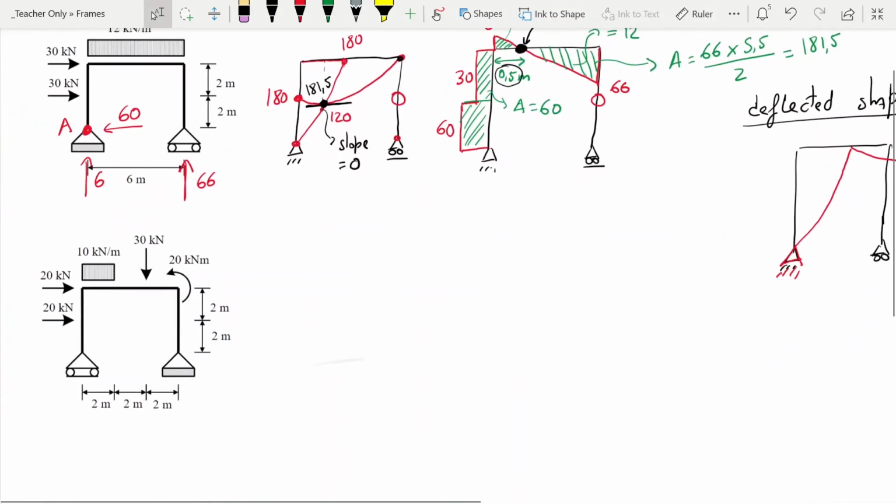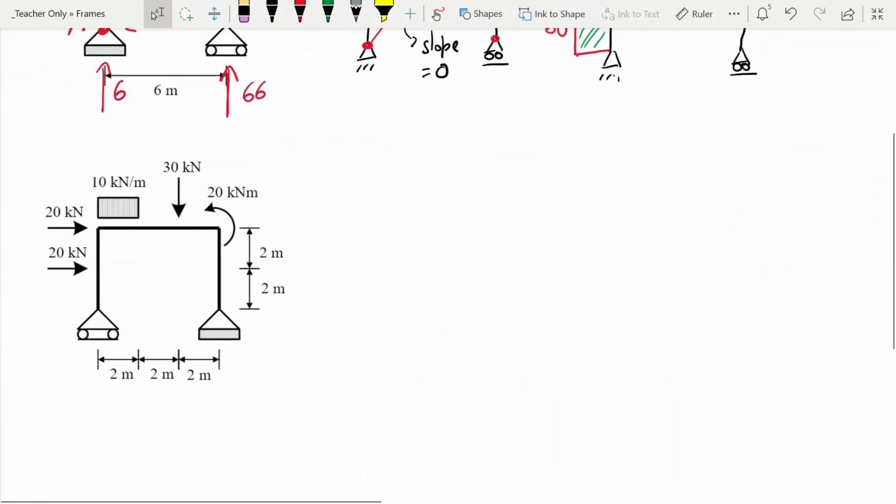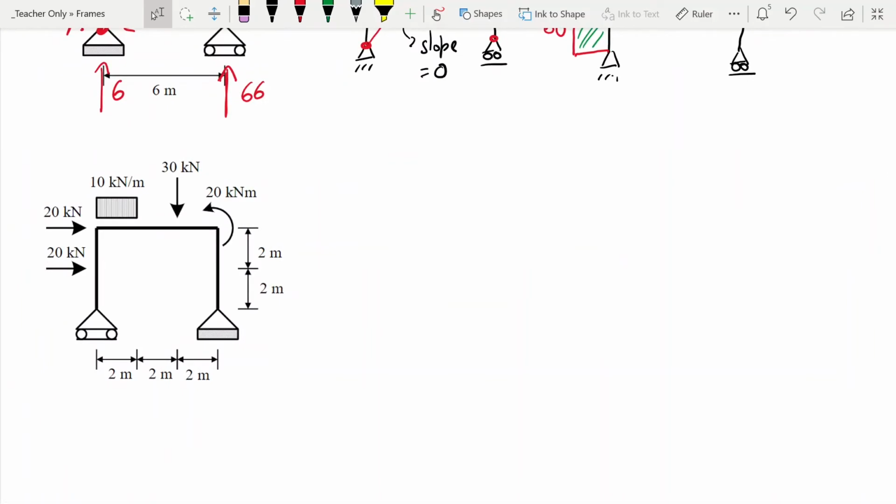Now let's try to finalize this complicated problem using the same methods that we just did. So let's start with the reactions. So we can see that the horizontal reaction here is 40 because we have two loads of 20. And now let's say, for example, I want to get the moment here to calculate the reaction here.